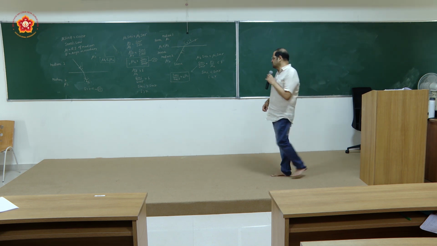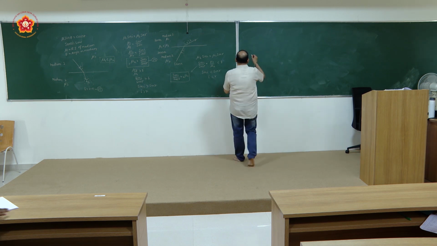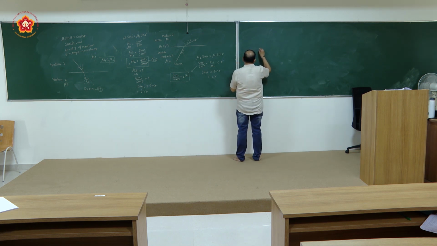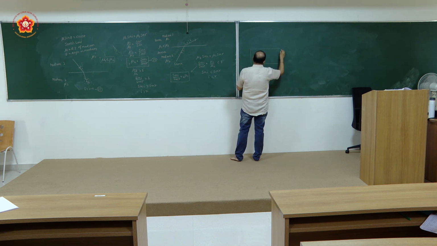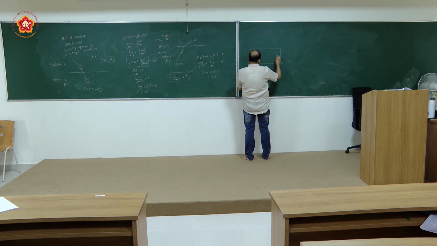What exactly happens here is, suppose you have a medium, we are calling this a medium whose refractive index is mu1, and there is another medium whose refractive index is mu2. You are looking from above, so the position of your eye is here. From this boundary, this is the D actual, the object is placed here.